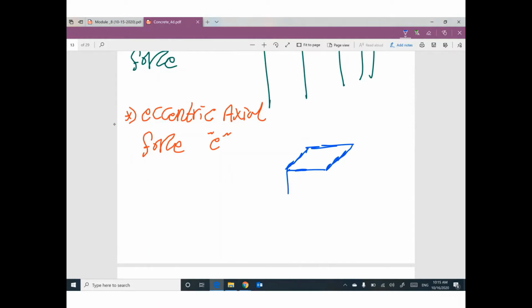Here is the centroid of this column, and your beam rests on this column at this location, for any reason.